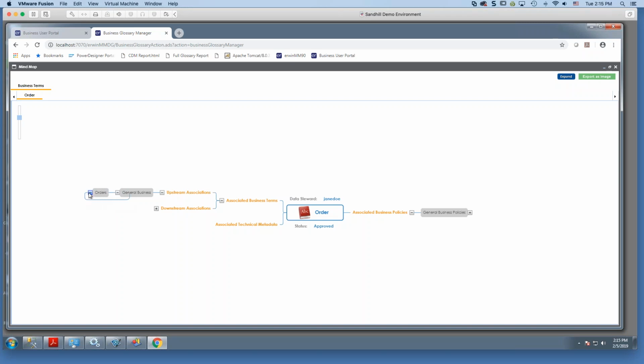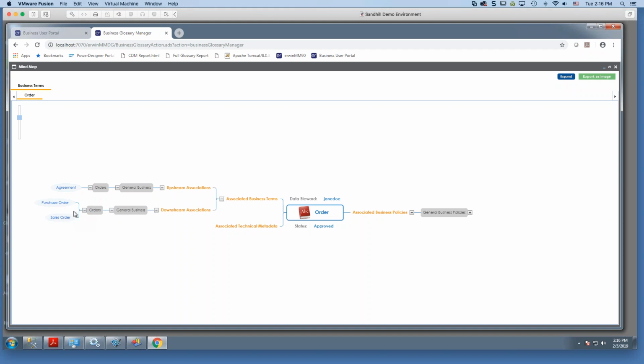Inside of an order subclassification, there's this thing called an agreement. Now, an agreement is not the same as an order specifically, but it is a kind of an agreement. So I can say upstream of this, the bigger concept is agreement, but the specific is order. And of course, downstream analysis tells me that I've got the same idea, except that an order can be broken down into a purchase order and a sales order.